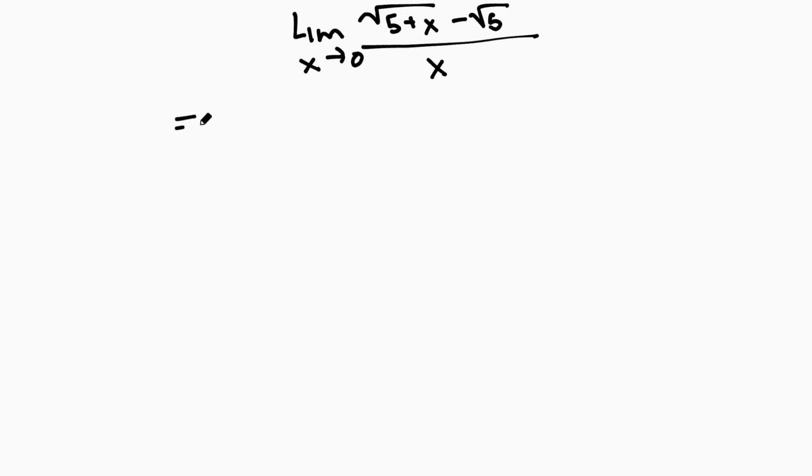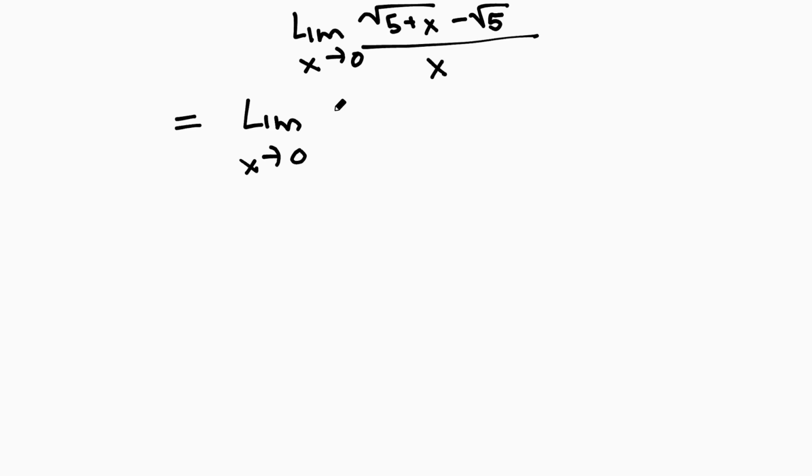Next, I have the limit of square root of 5 plus x minus square root of 5 over x when x approaches 0. Again, I have to times both numerator and denominator with the conjugate of my numerator, the whole thing.